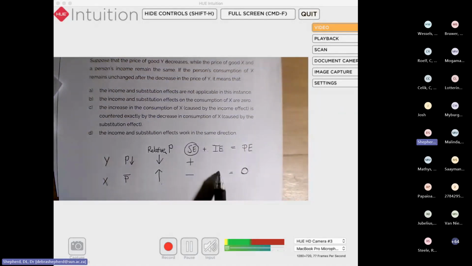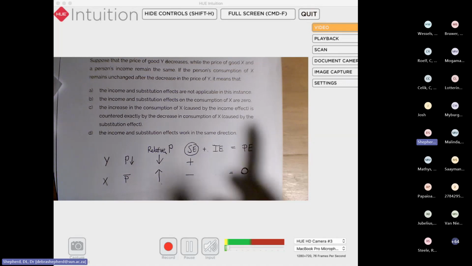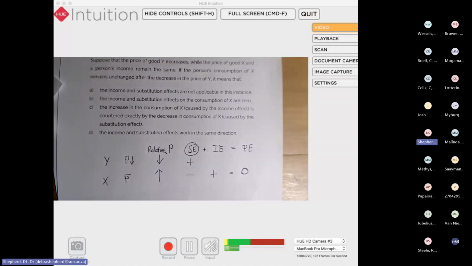The income effect plus the substitution effect must give me a 0 change. So is the income effect for X going to be negative or positive for this price effect to be 0? It's going to be positive.